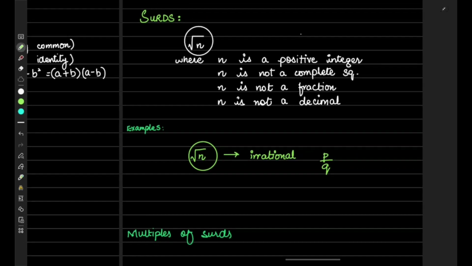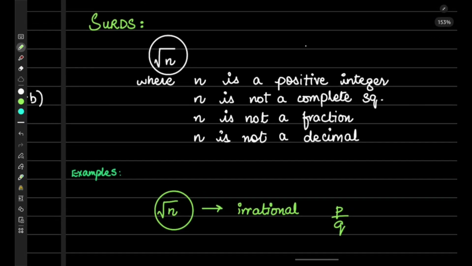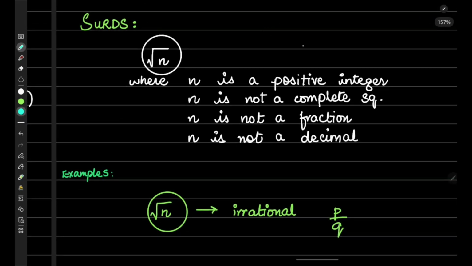What is a surd? If you have seen any number written inside the square root like this, we can call it a surd, but there are some conditions associated with this n that need to be checked, so you can say that it is a surd.